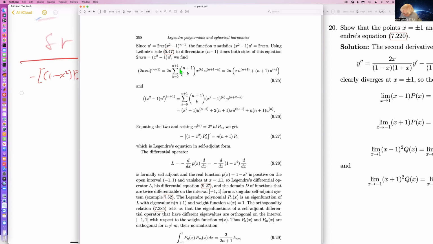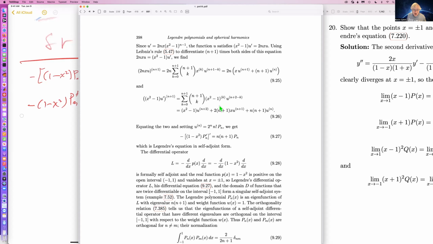And so what you've got here is minus (1 minus x squared) P_n double prime. And then when the derivative goes inside there, we have plus 2x P_n prime equals n(n plus 1) P_n.